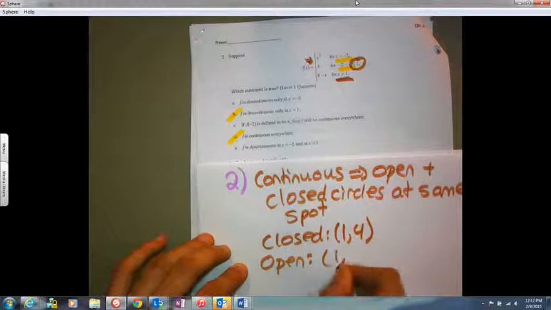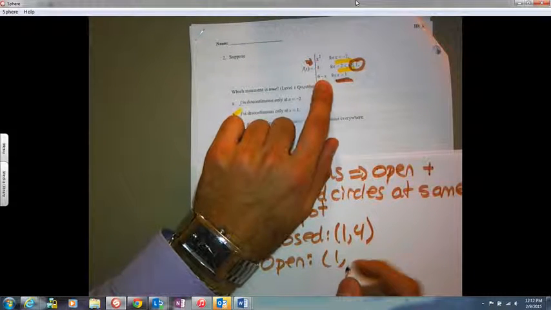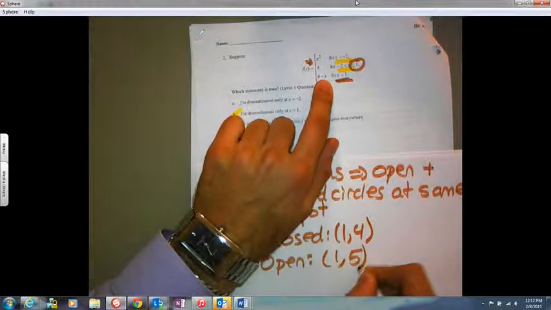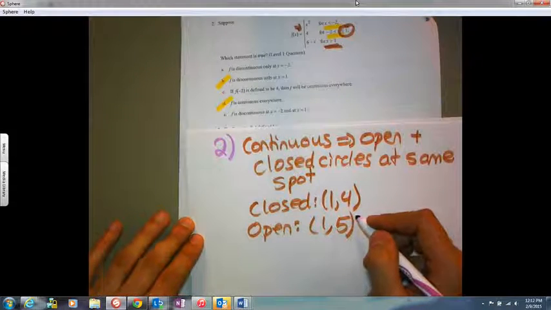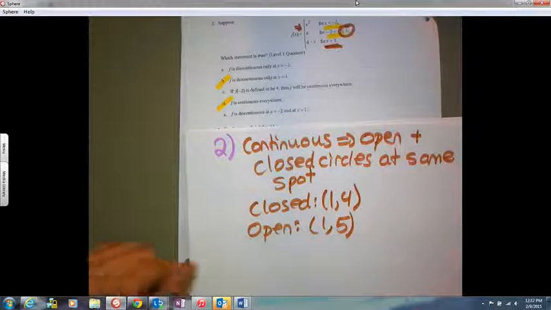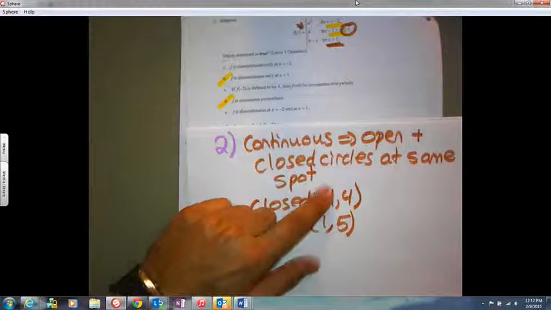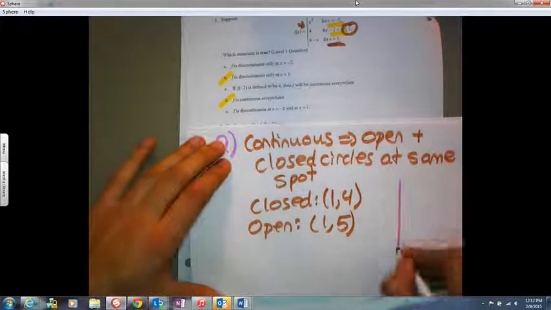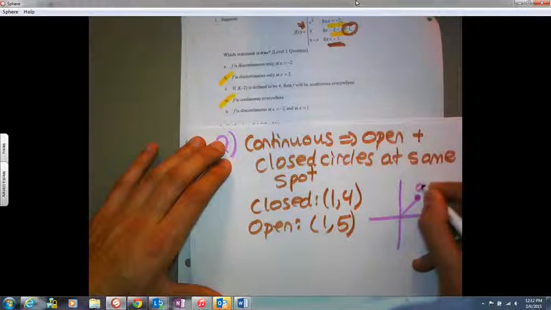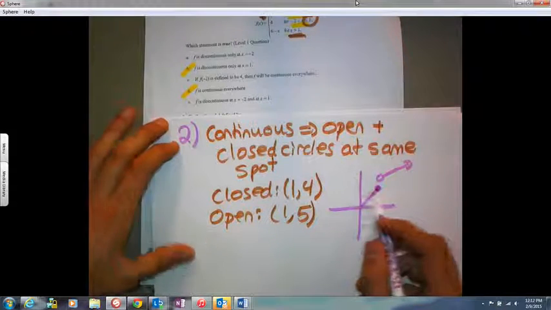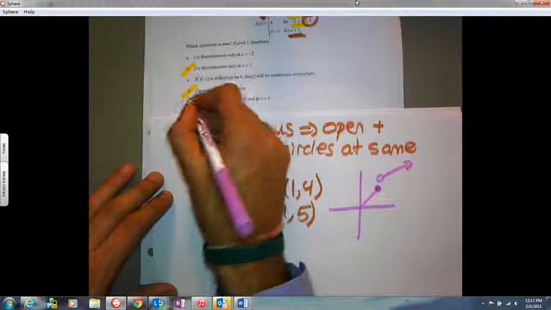Plug in 1 down here, 6 minus 1 is 5. The open and closed circles are not at the same spot. So the function is also discontinuous at 1, because I have to lift my pencil. This picture looks something like this. Closed circle here, open circle here. Got to pick the pencil up to draw this. So the answer is E, discontinuous at both.